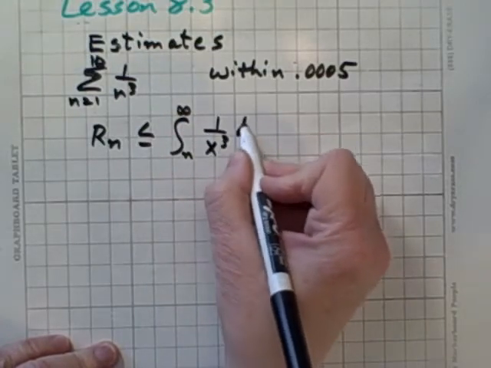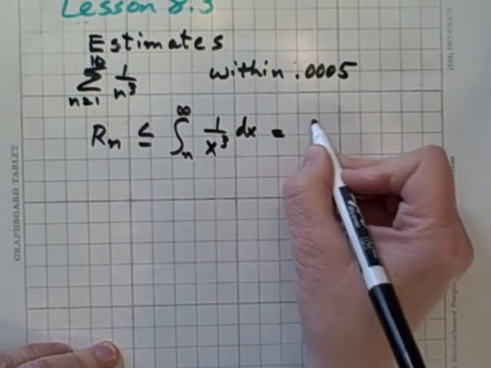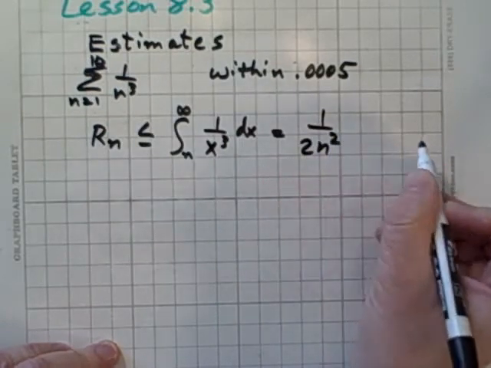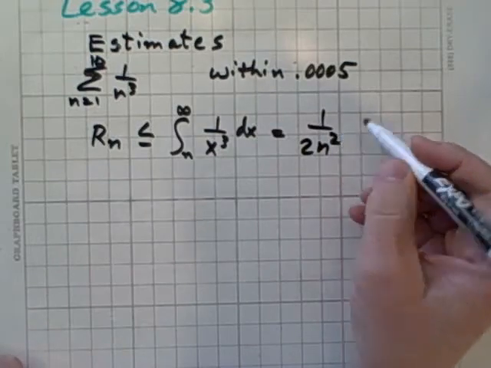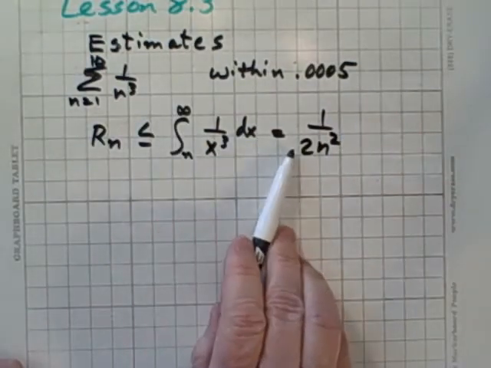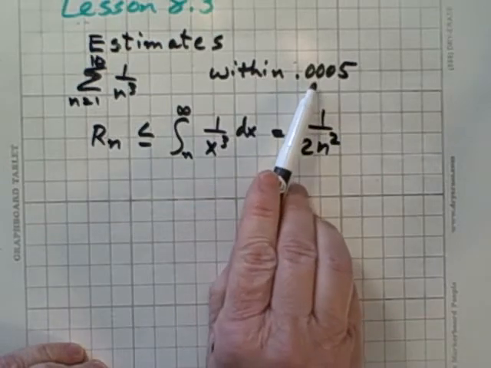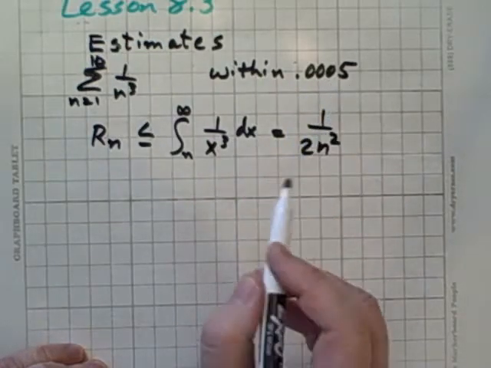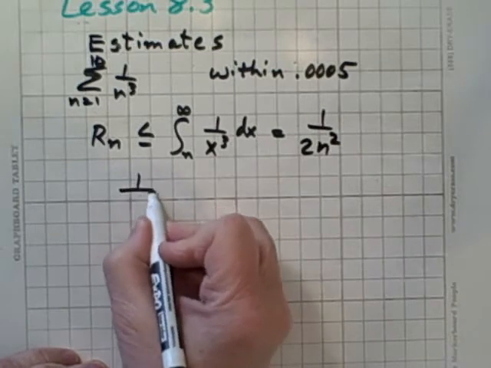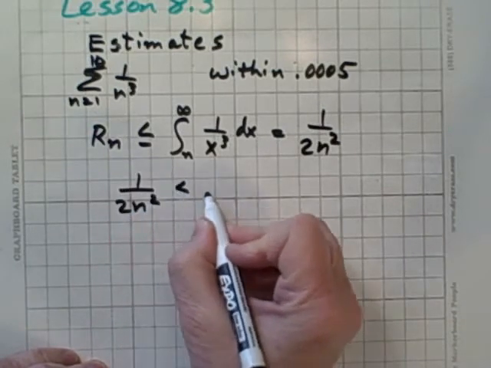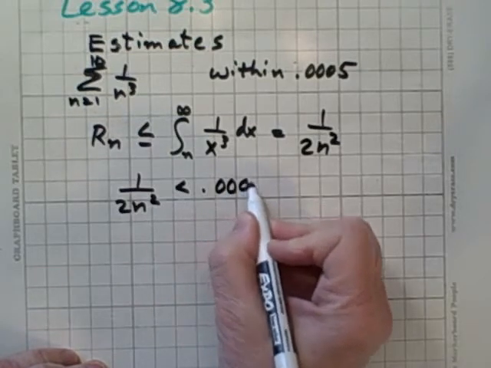We won't rewrite the whole thing, but the formula for that was 1 over 2n squared. You will have to carry out that improper integral to begin with. After we have an accuracy level set, it is simply a matter of saying that the error, 1 over 2n squared, has to be smaller than the accuracy level set.